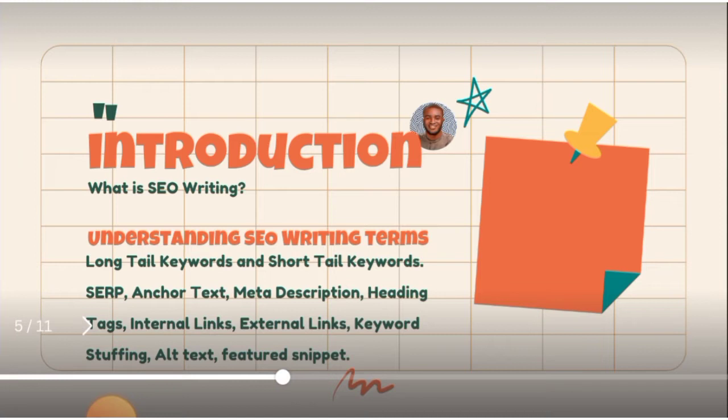Our long tail keyword may be something like how digital marketing works for beginners. Our head keyword there is digital marketing, but our long tail keyword has 5 words within it, which is how digital marketing works for beginners.